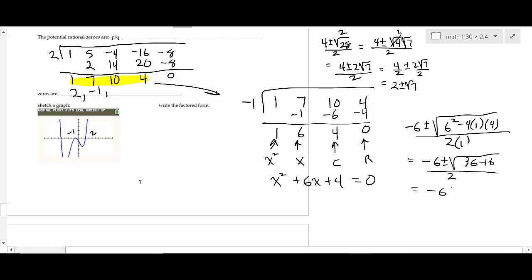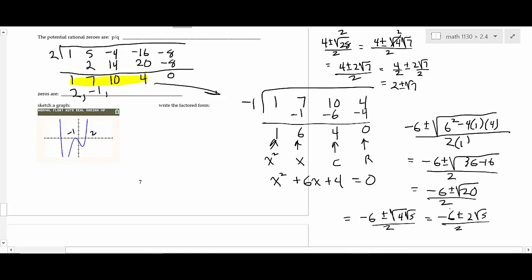So that's -6 plus or minus square root of 20 over 2. What are you going to do with the 20? 4 times 5. Okay, so we need to do that. So we'll end up having -6 plus or minus square root of 4 times 5 all over 2. So that's -6 plus or minus 2 root 5 all over 2.